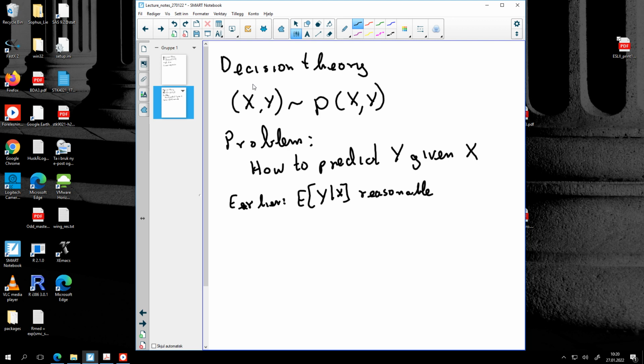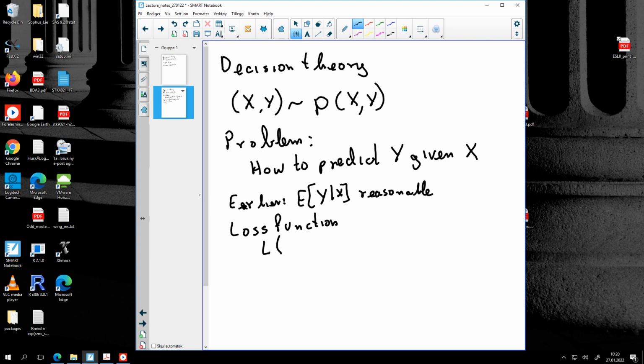But in order to formalize this, then decision theory is based on that we define what we call a loss function. And I should warn you that this now will be a bit more mathematical than many of the other things that we will discuss during the course. So we define a loss function, saying something about how we evaluate how bad we are doing.